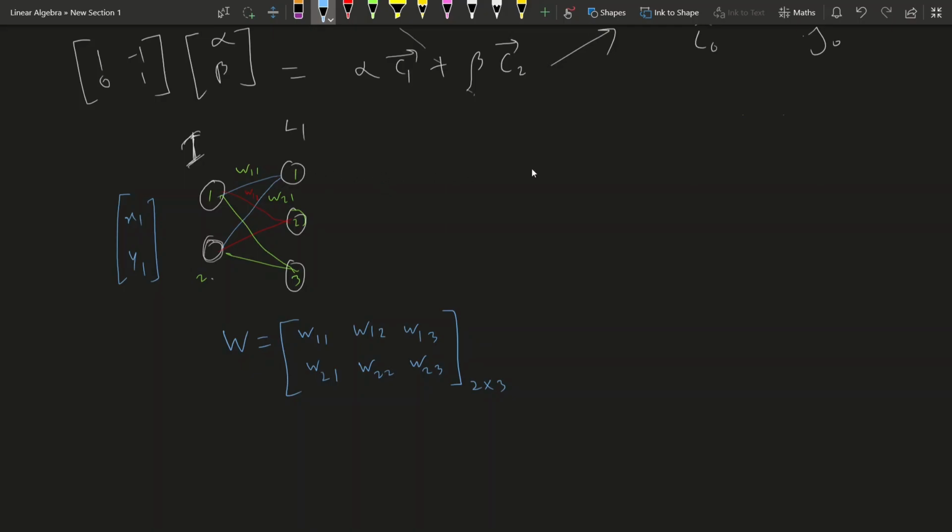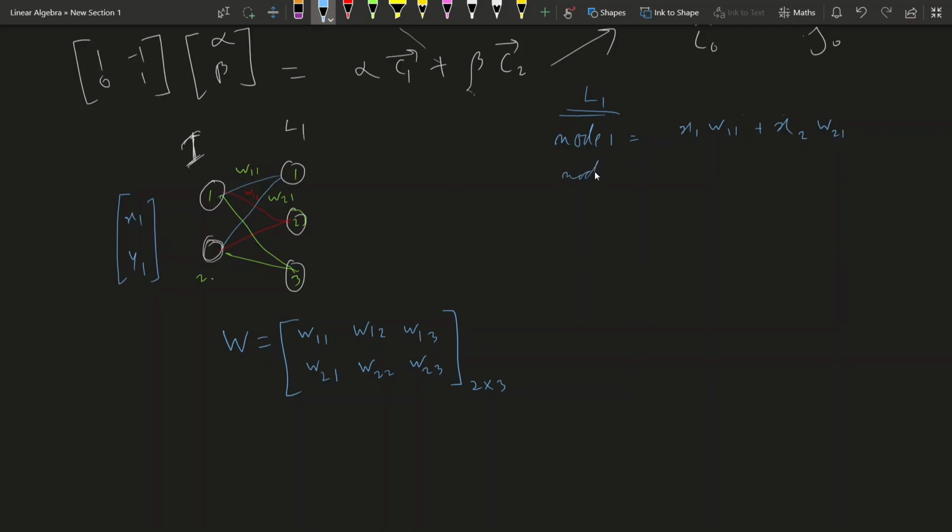Well, node 1 of layer 1 will give you x1 times w11, plus x2 times w21, right?